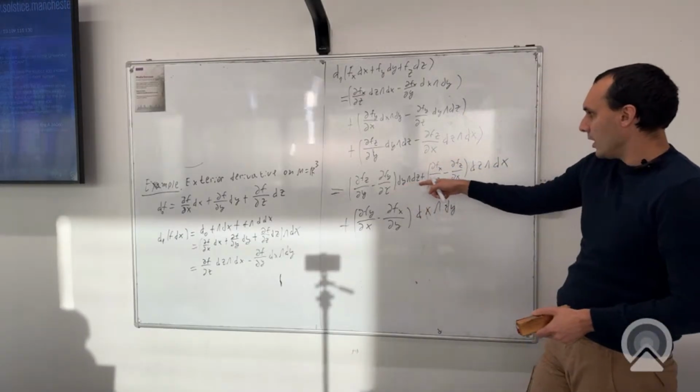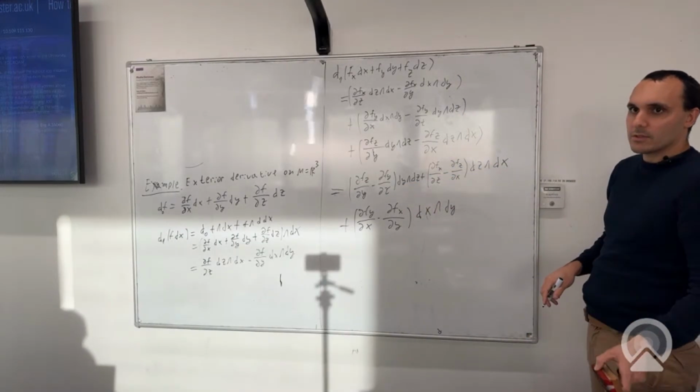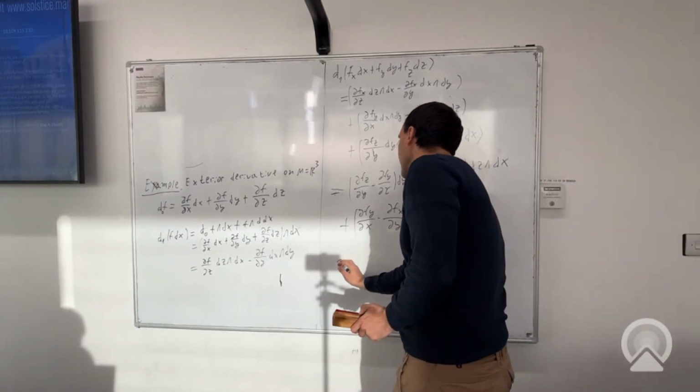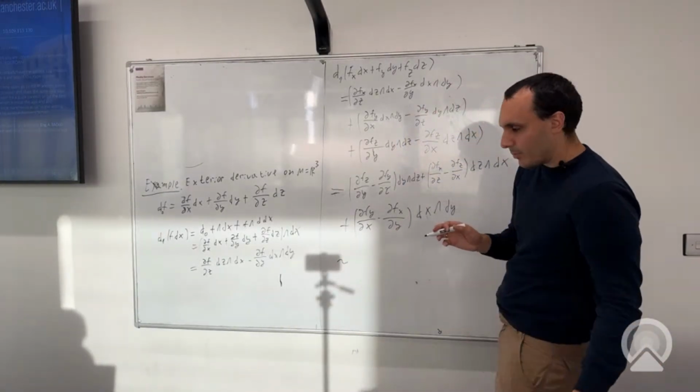Okay, and these coefficients are like the coefficients of the curl operator. So this is, when you have a metric, a more precise way.